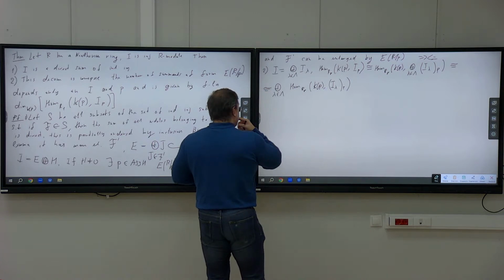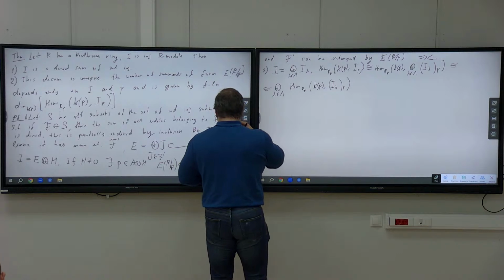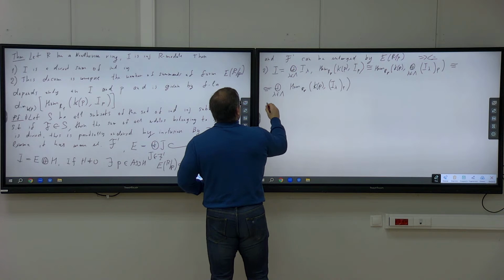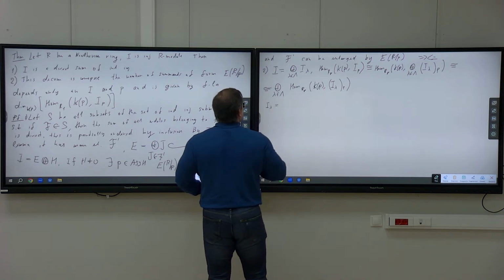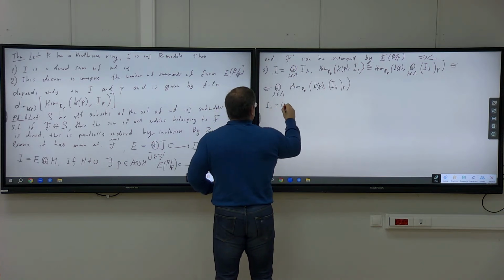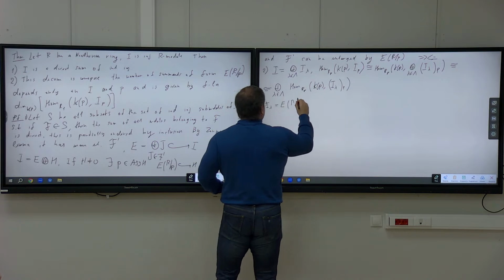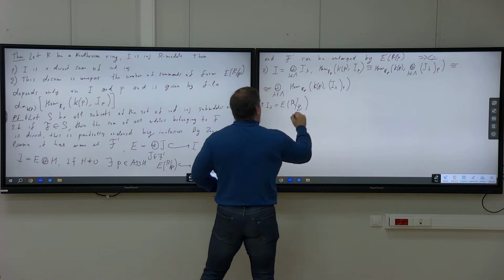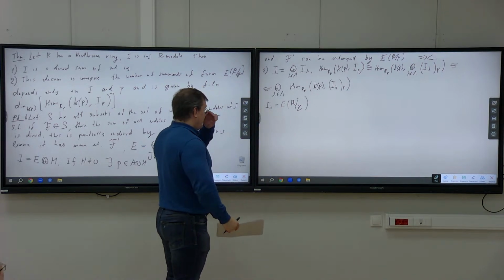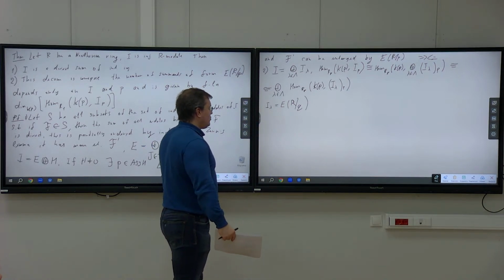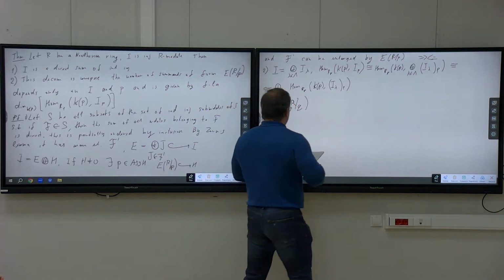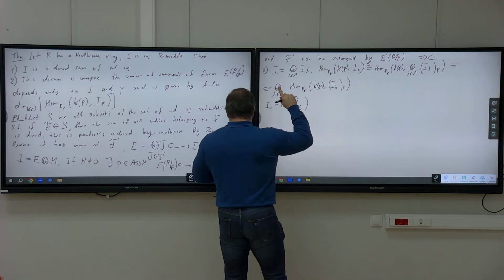Okay, so we know that these I_lambda are all indecomposable injectives, so they are necessarily of the form injective hull of R modulo some prime ideal Q. For any lambda we can find some such Q, so maybe I need to write Q depending on lambda, but for shortness of notation let me not do this.